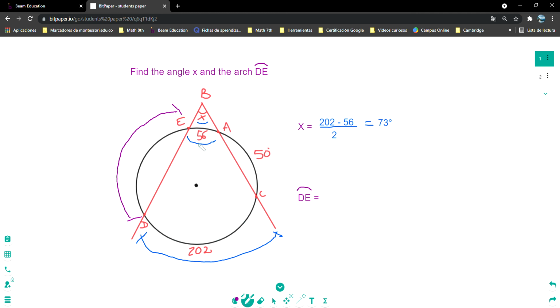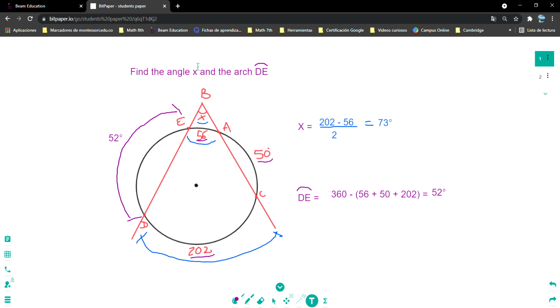Here we already have the arc of 56, the arc AC, 50 degrees, and the arc DC, which is 202. So we subtract from 360 the addition of the other arcs, 56 plus 50 plus 202. If we subtract that addition from 360, we get the missing arc DE. The answer is 52 degrees. So this arc is 52 degrees.